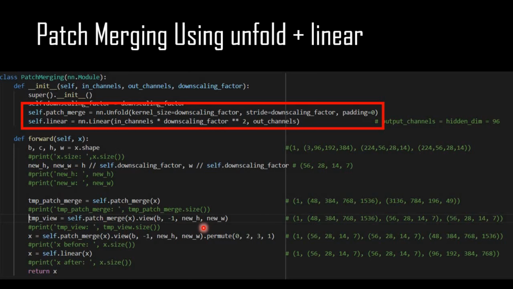After you reshape that, you will get this. So you're getting 48 as the number of channels, and then you have 56. Okay, I'm just going to send with permute the channels to the end. So now you have 56 by 48. Now I need a linear layer just to correct the number of channels.